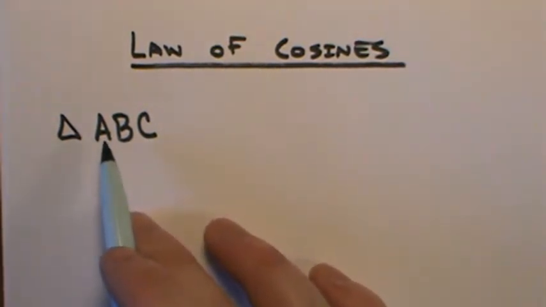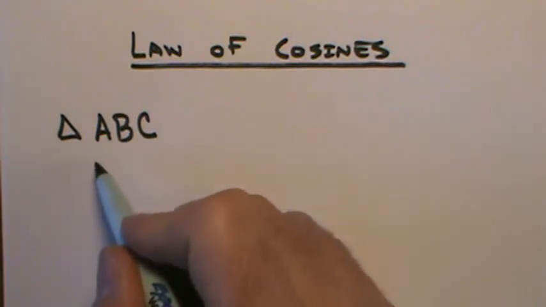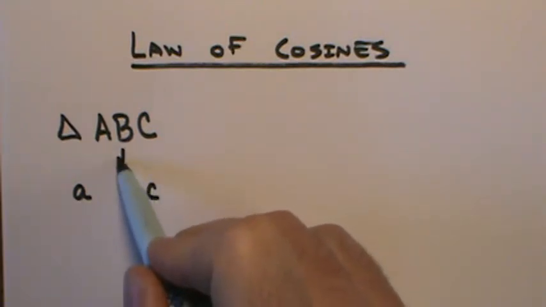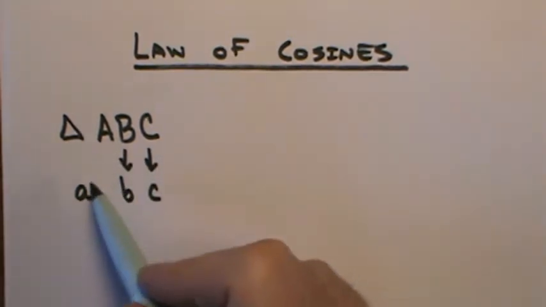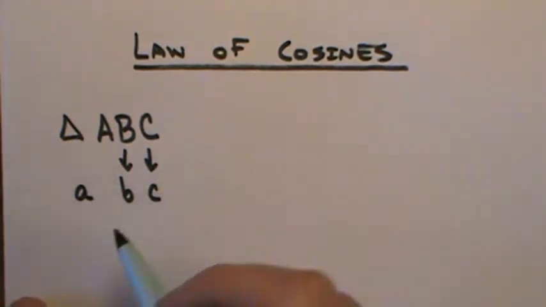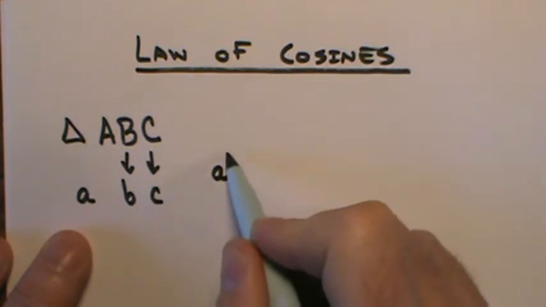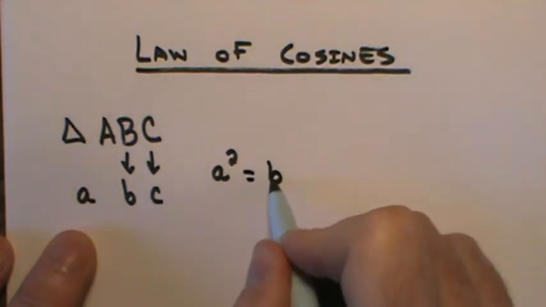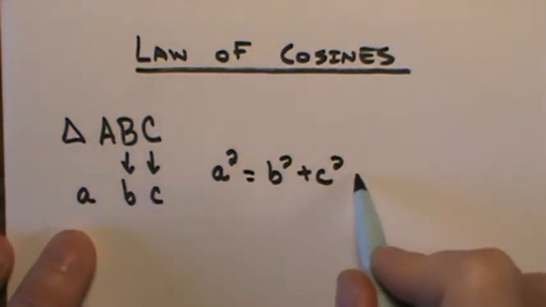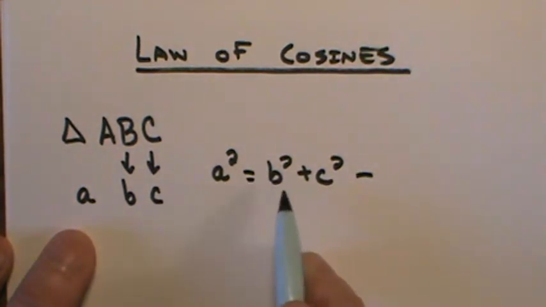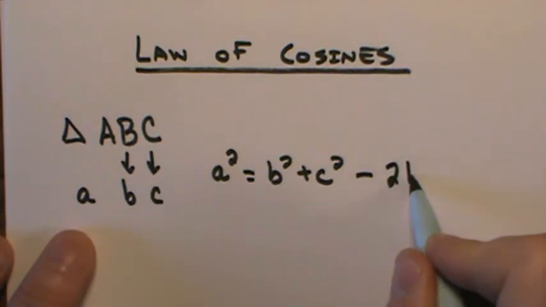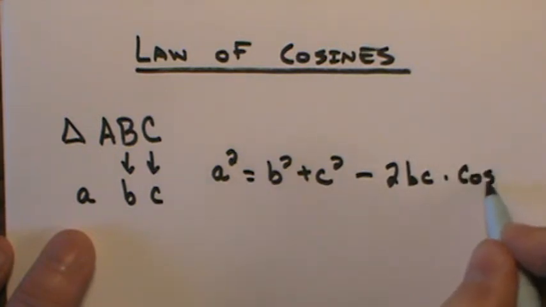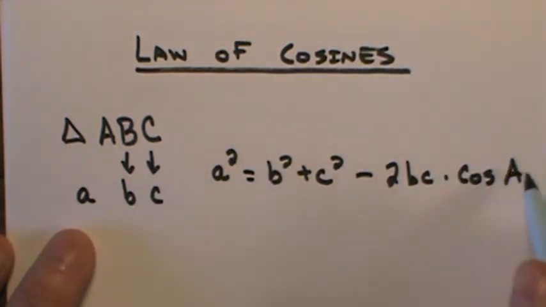If you are trying to find side A, which would be known as little a, and you have little b and little c, so you know these two values but you don't know side little a, you could simply say this: a squared, notice I'm writing in little values, is equal to b squared plus c squared minus twice the product of the known sides, so 2 times little b times little c, and then you simply say times cosine of that angle, which would be big A.